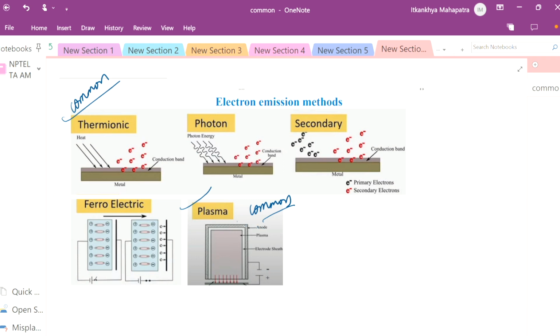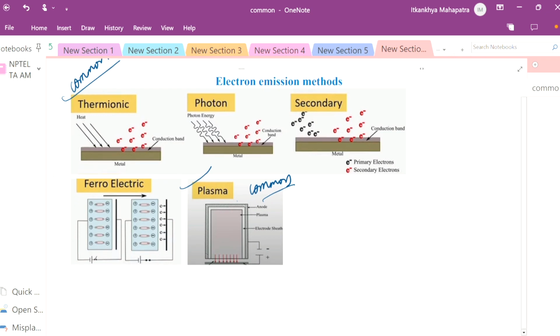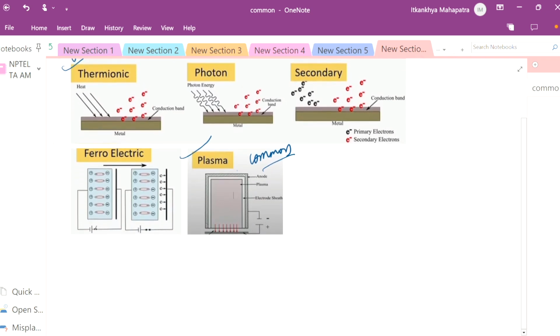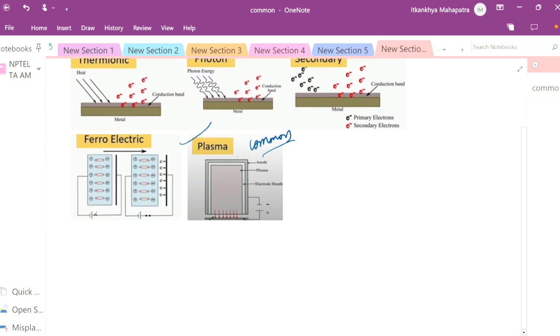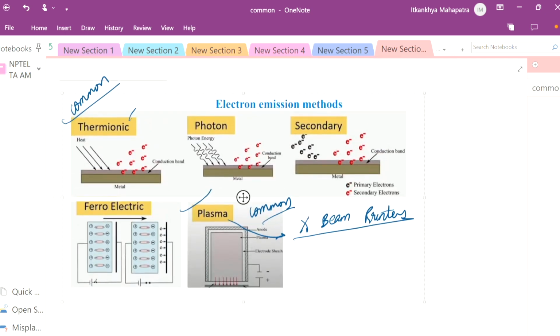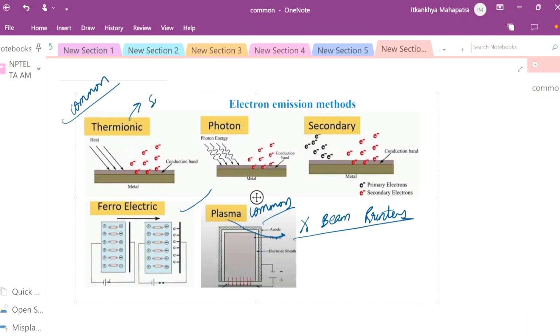Okay. Now we will discuss the principle behind all this. EBM printers come with plasma emission methods. Now this thermionic comes with Psyche, I think that was the spelling.